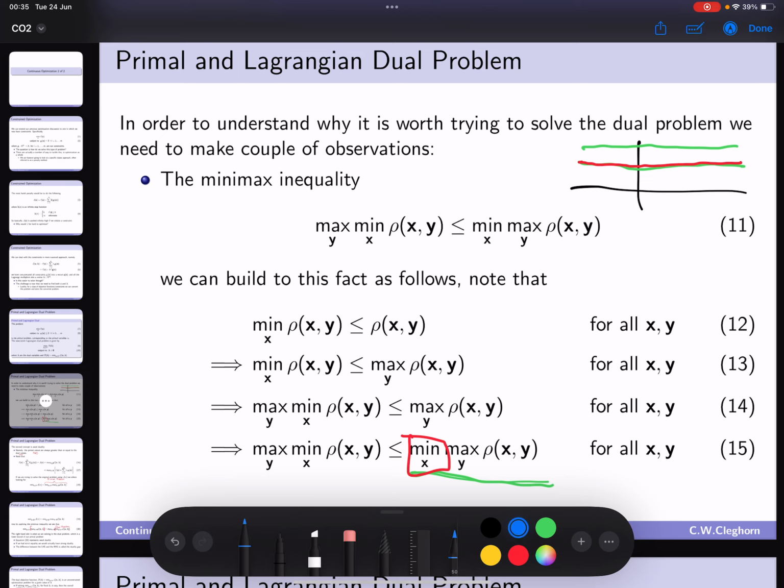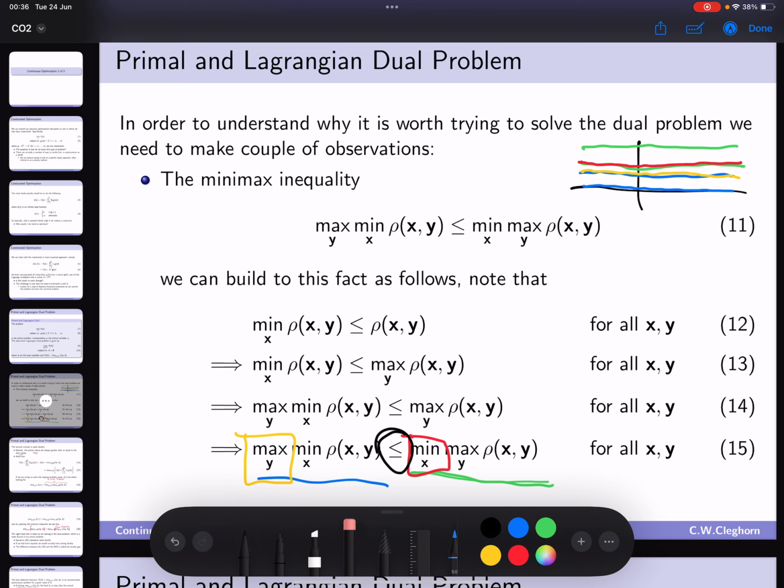And then on the other side, I am first going to find a minimal region in the output. And then after that, I'm going to find the maximum point in that region. And you can see here that the yellow line is now lying below the red line.